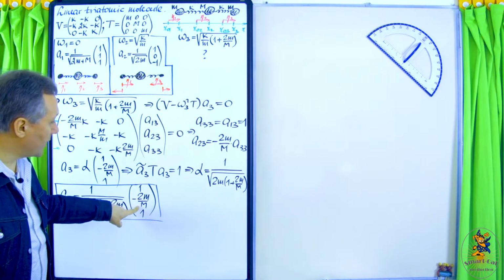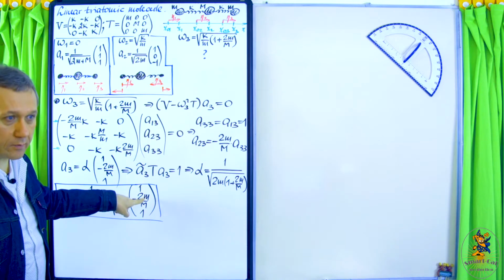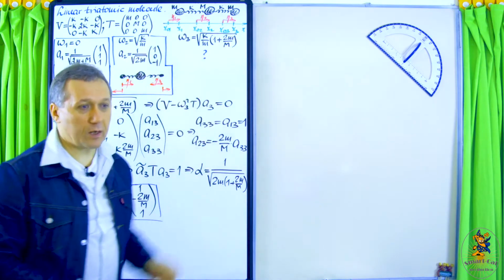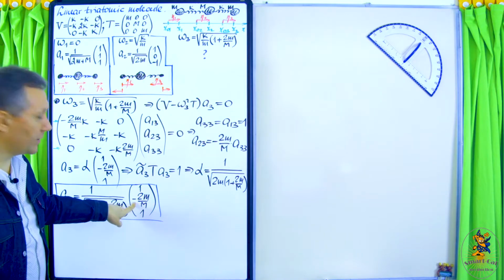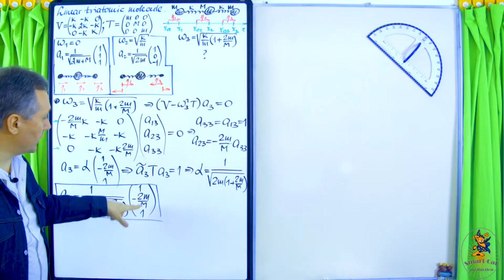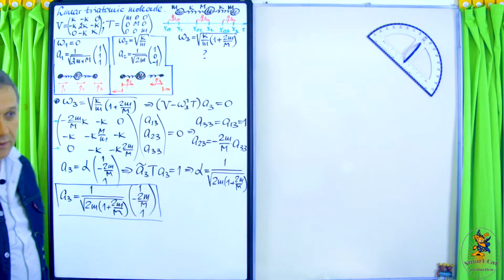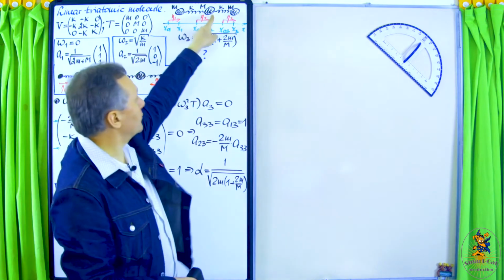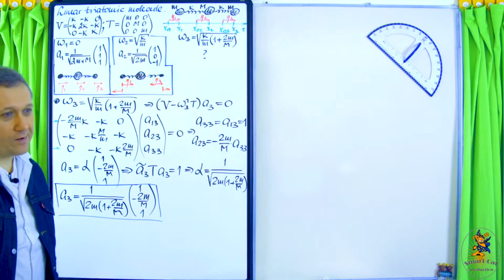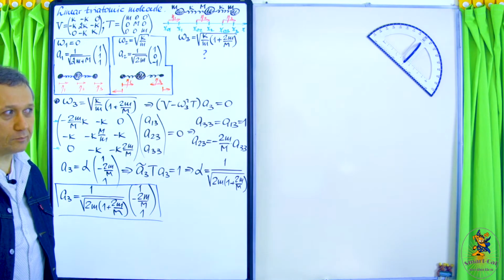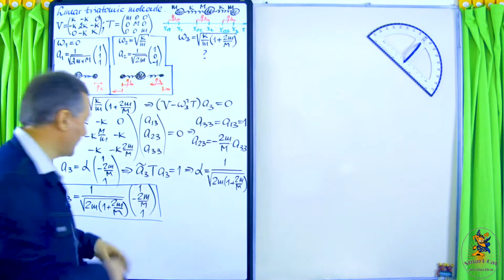If mass m capital is larger than 2m, the total mass of the outer masses, then the amplitude of this will be smaller than 1, so it will be displaced with smaller amplitude. Of course, if 2m small is larger than m capital, this mass is displaced with larger amplitude, right?